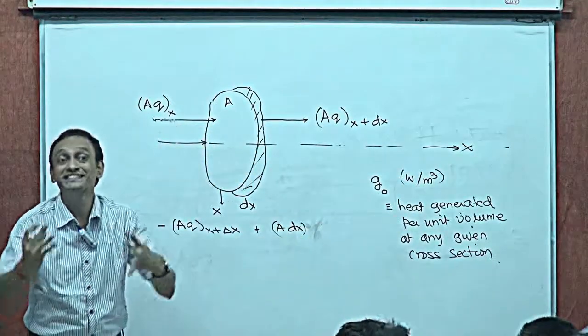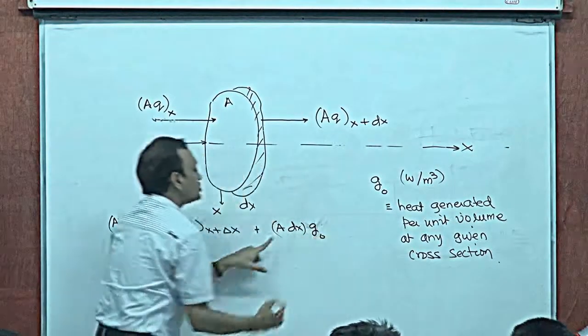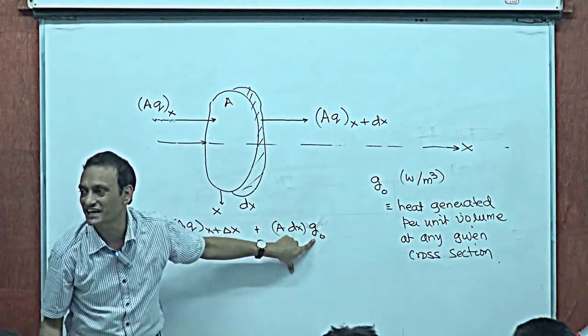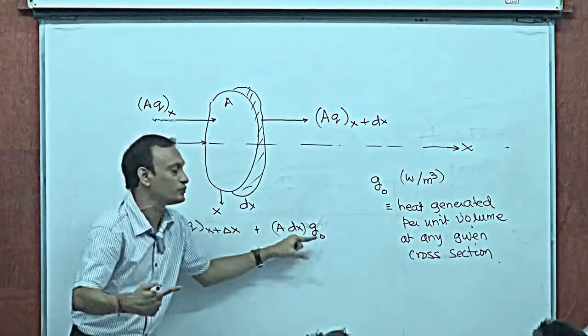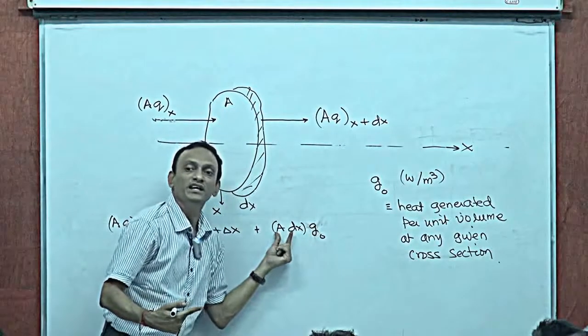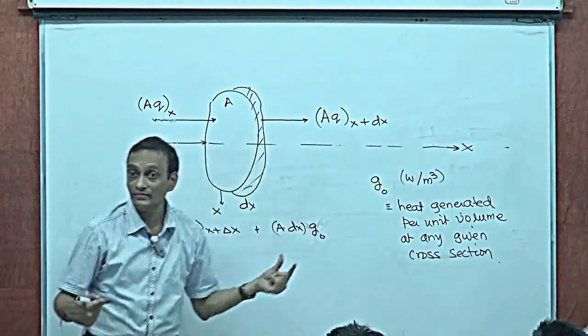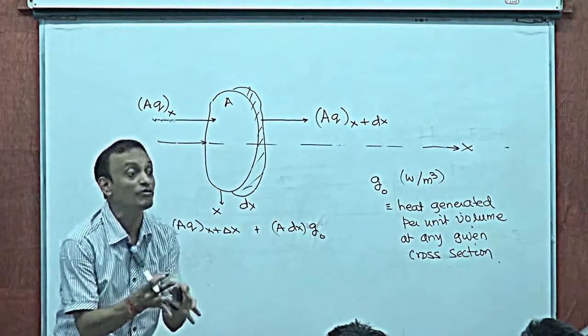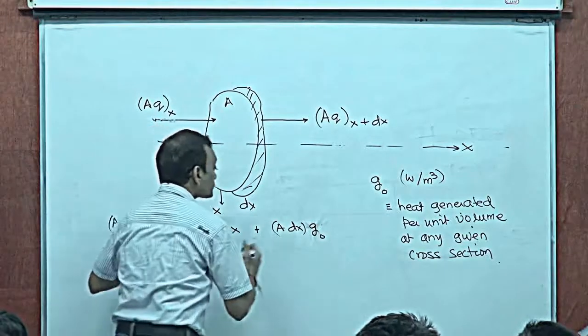That would be the watts generated inside this thickness, because G0 is internal energy generation per unit volume. So in A into dx, the heat generated would be A into dx into G0. Right? These many watts would be generated because of an internal mechanism, an internal process going on.